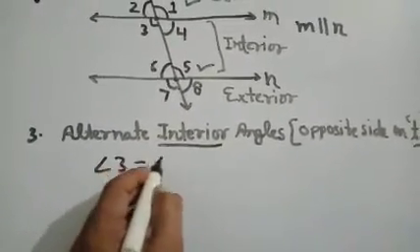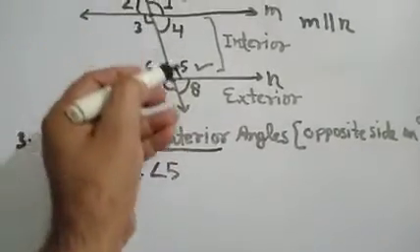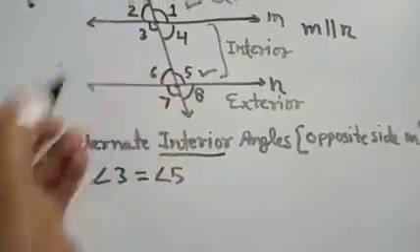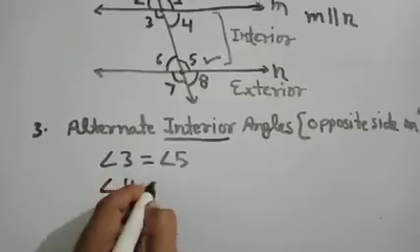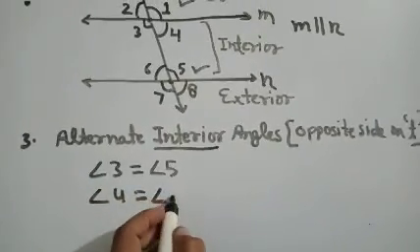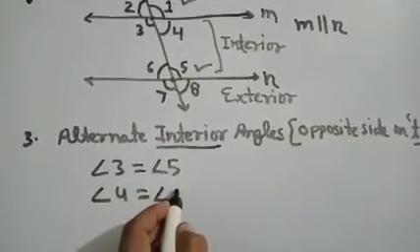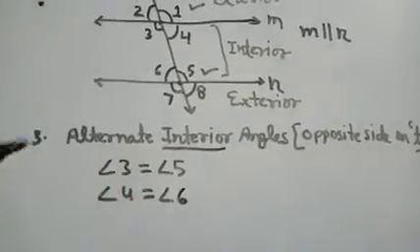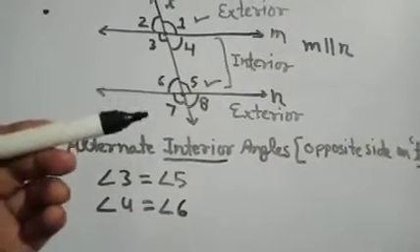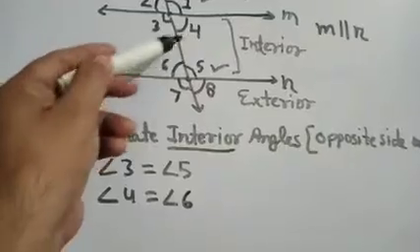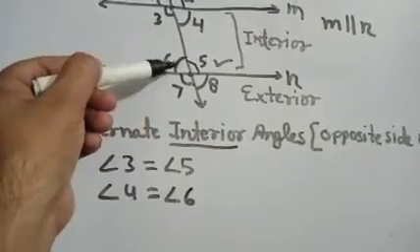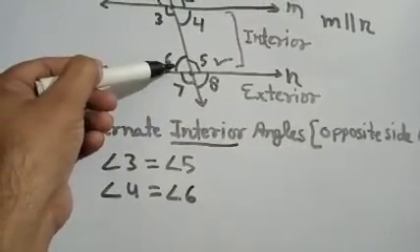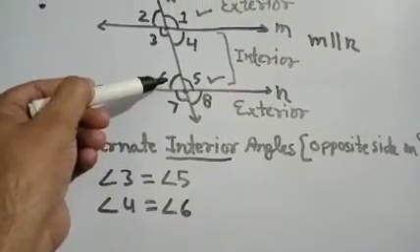Angle 3 is equal to angle 5. These are the alternate interior angles, and angle 4 is equal to angle 6. There are two pairs of alternate interior angles made by a transversal and parallel lines. Alternate means one on the upper line and the second on the alternate side of the lower line.